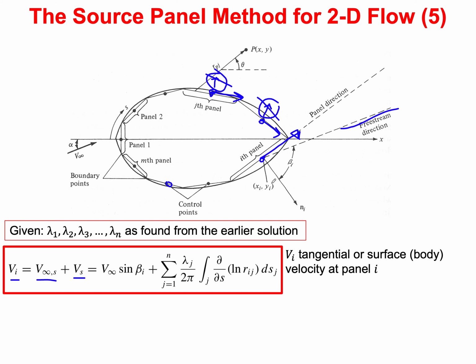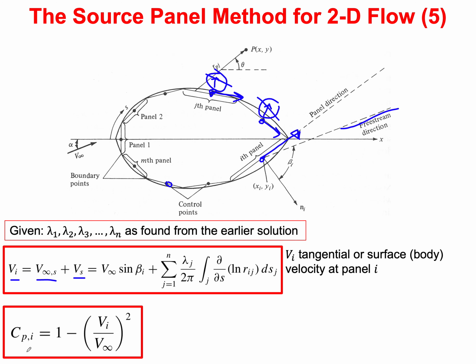And then once we have this, remember we looked at this before, I can compute the pressure coefficient. Effectively what we're doing is we're taking a streamline, the divider streamline, we're taking point infinity where the pressure is P infinity and the velocity is V infinity, between that point and any point on the body.